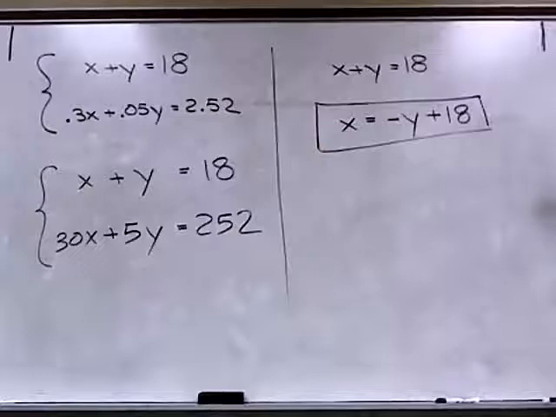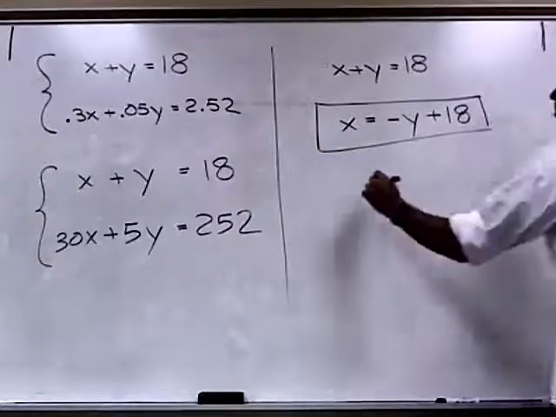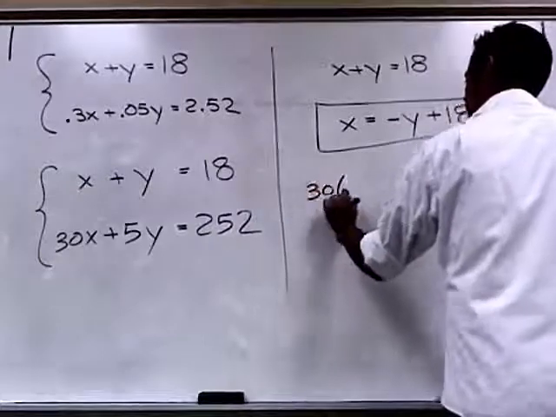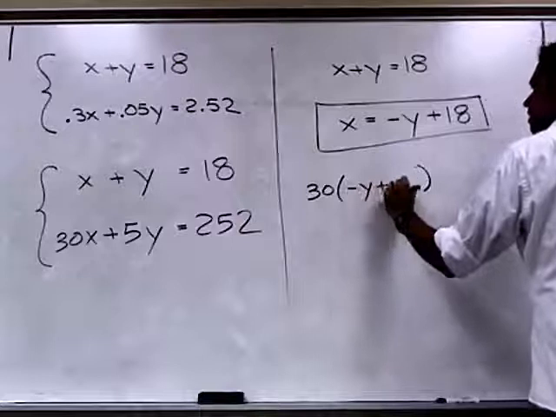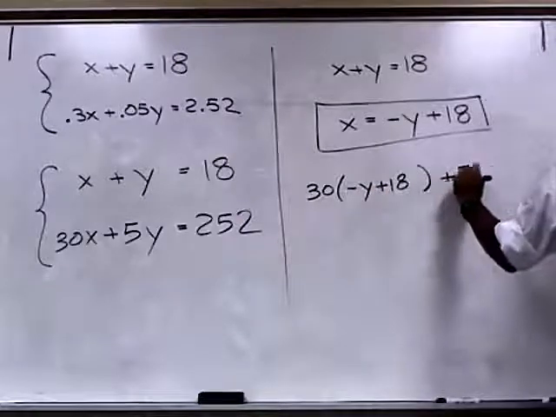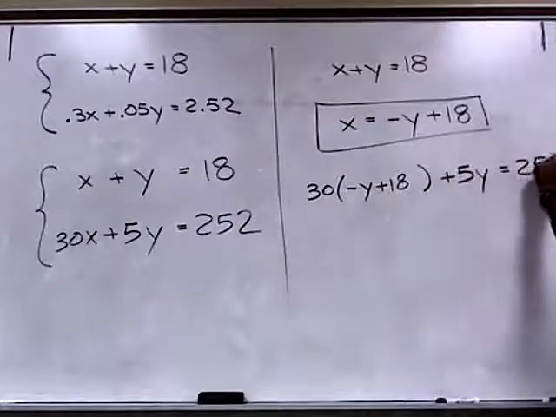So that's my first equation solved for a variable. Now I'm going to take that and plug it in for x into the other equation. So it becomes 30 times x, but x is negative y plus 18, then plus 5y, and then equals 252.